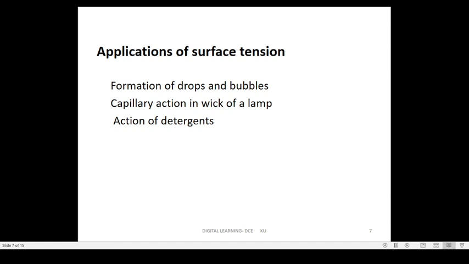Therefore, the dirty cloth when dipped in such a low surface tension liquid, this liquid wets the surface and removes the dust from the surface. So this is how the surface tension can be used, or these are the consequences of the surface tension.